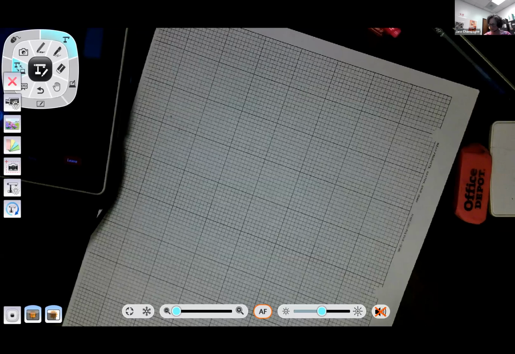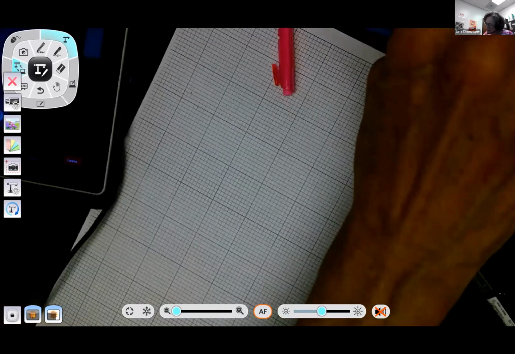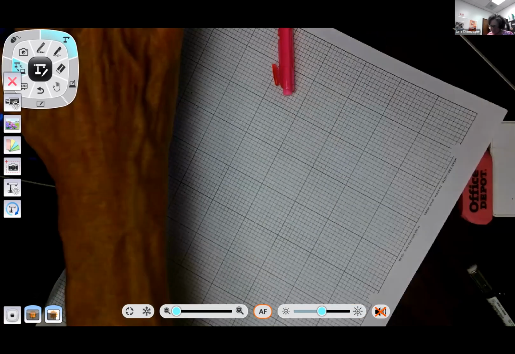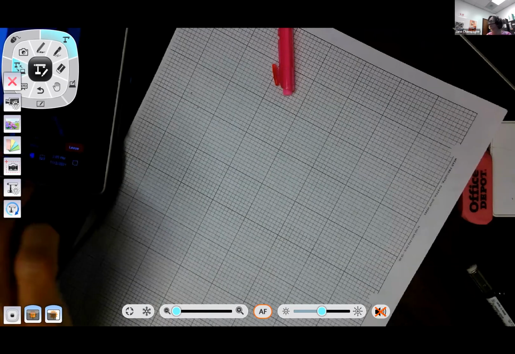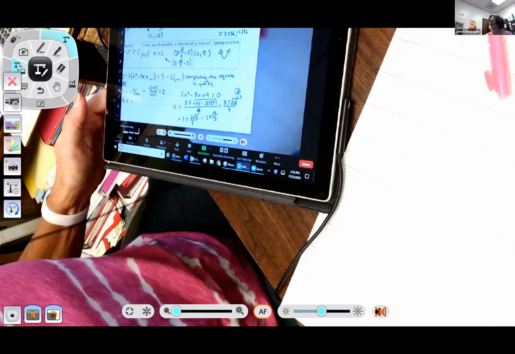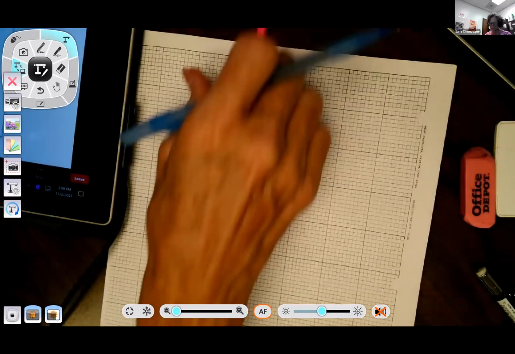I gotta get my other thing back here so I can see it. Here, there's my tablet. So I'll be looking at my tablet while I do it on paper here. Hopefully you've got it written down too.